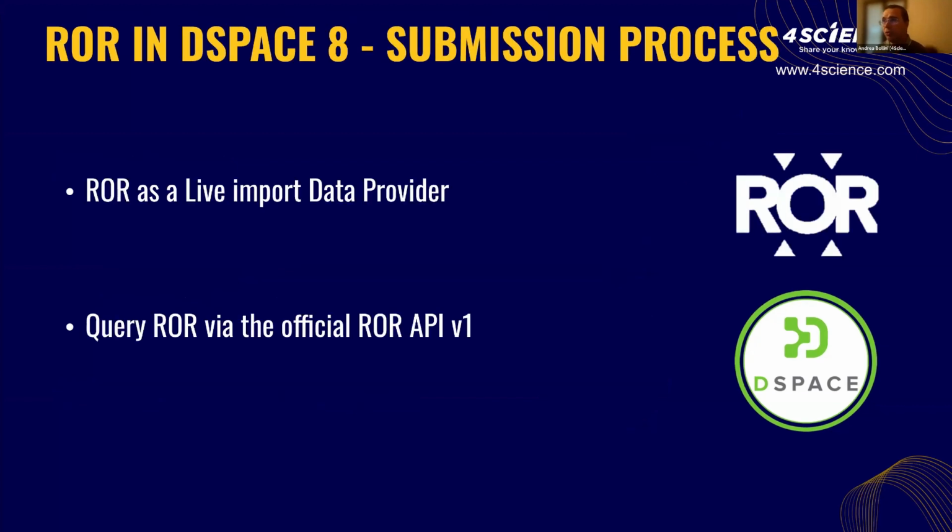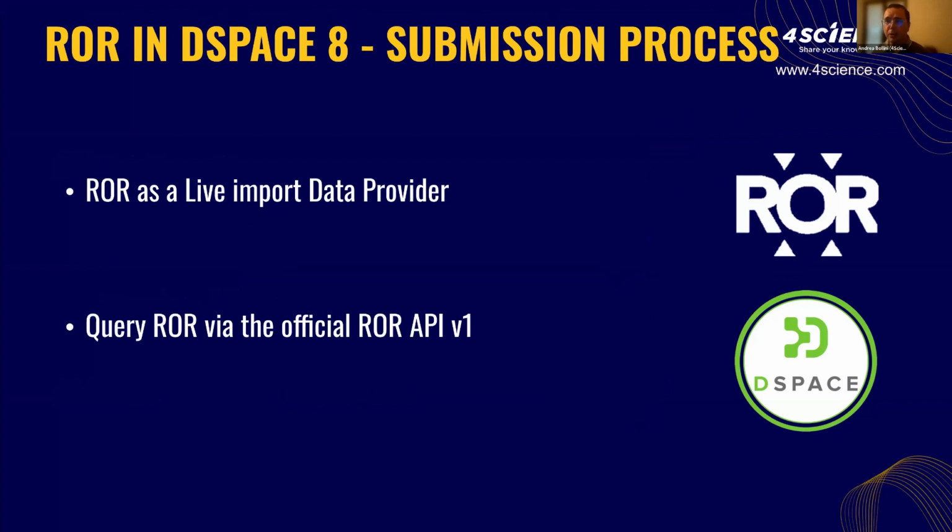So during the submission, ROR is technically integrated in DSpace and in DSpace-CRIS as a live import data provider. This means that when you search for content that you want to import in DSpace, you can pick ROR and you can query the ROR registry and import data.